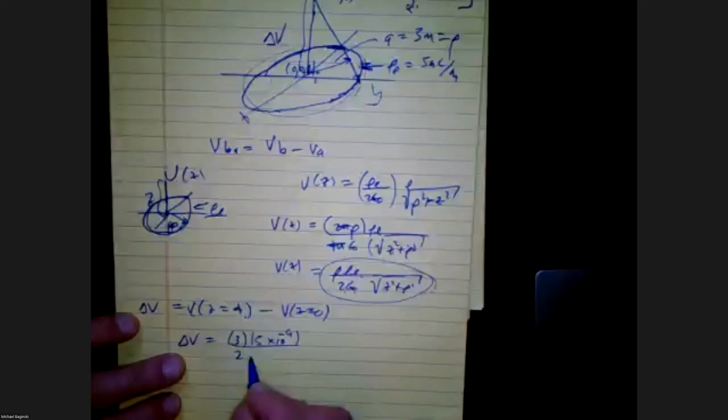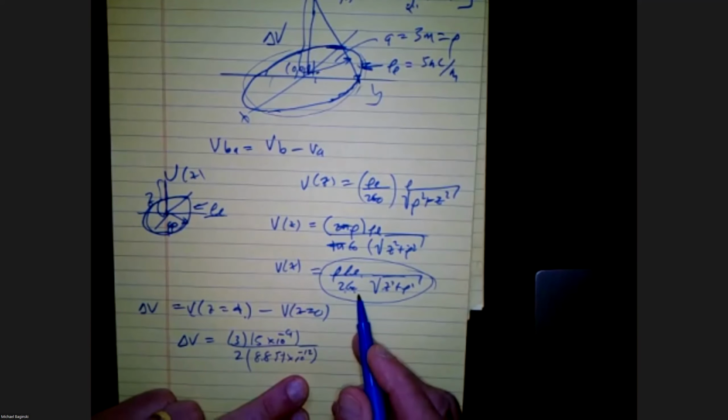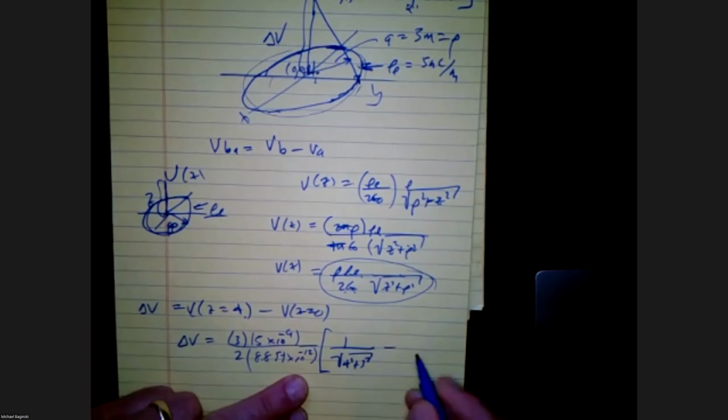Then I have 2 epsilon naught, which I'll just write as 1 over 8.854 times 10 to the minus 12th. That's an approximation. Then I take 1 over the square root of 4 squared plus 3 squared, minus 1 over the square root, and here it's at z equals 0, so it's just 3 squared.